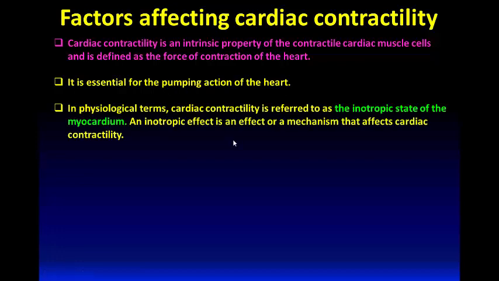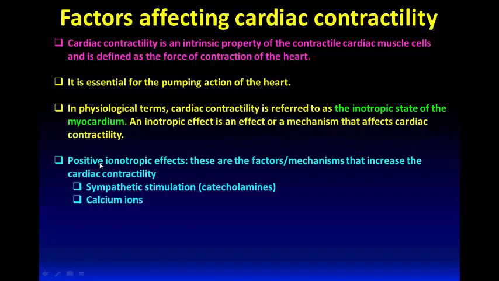In physiological terms, cardiac contractility is referred to as the inotropic state of the myocardium. So when we say inotropic state of the myocardium, we mean the cardiac contractility. An inotropic effect is an effect or a mechanism which thus affects cardiac contractility.